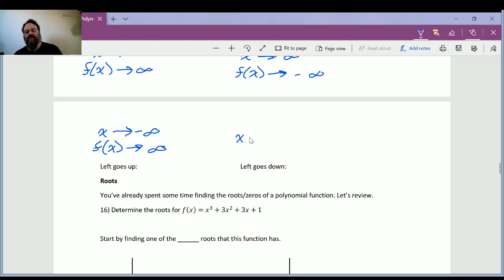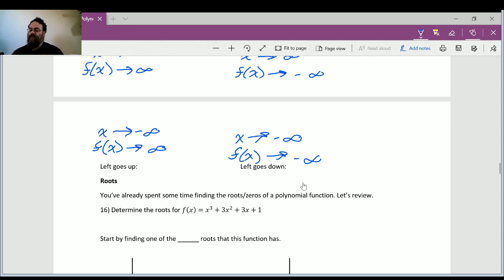And then left side goes down. X goes to negative infinity, and f of x goes to negative infinity. And that is everything that I can possibly tell you about end behavior.